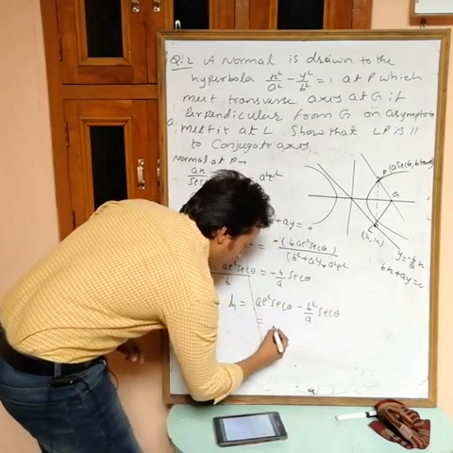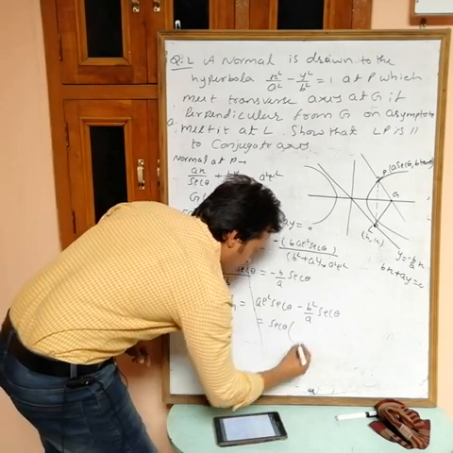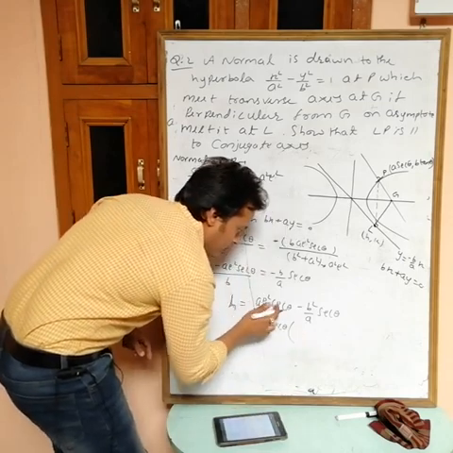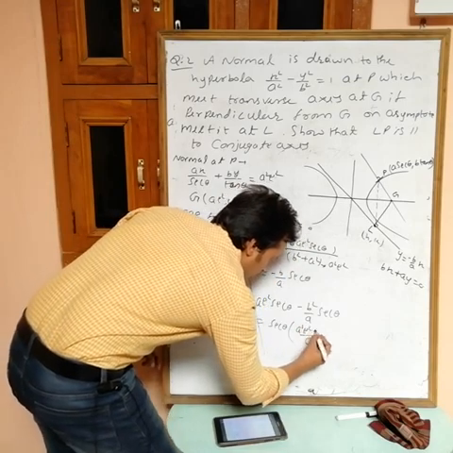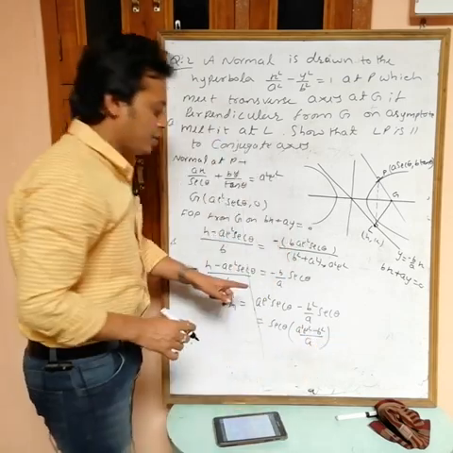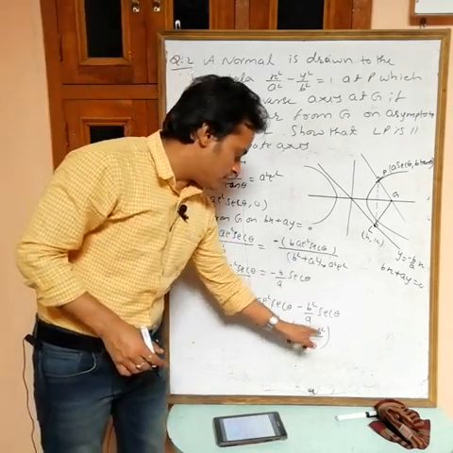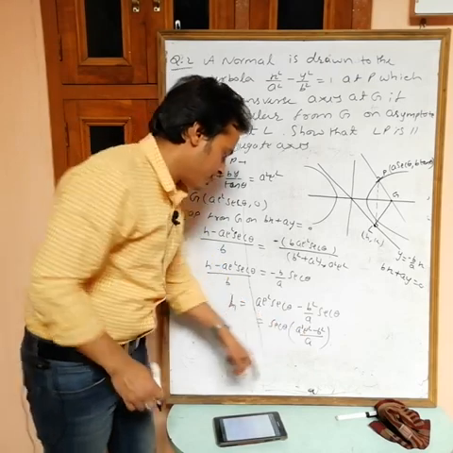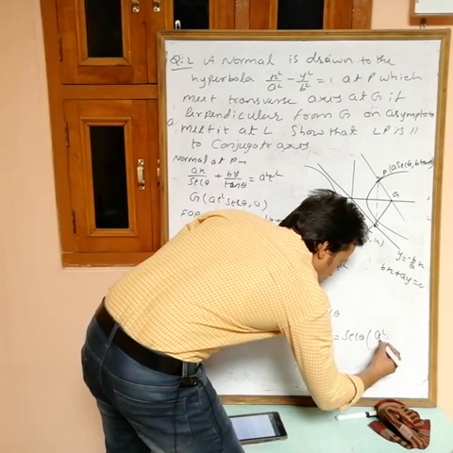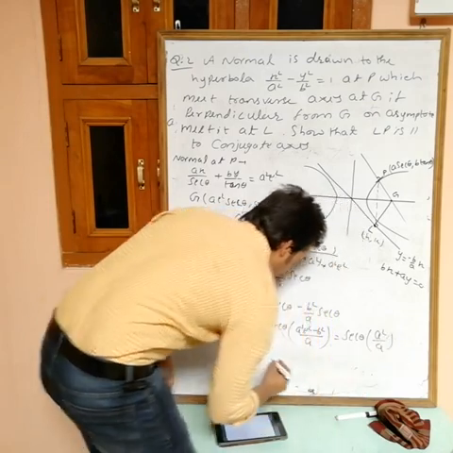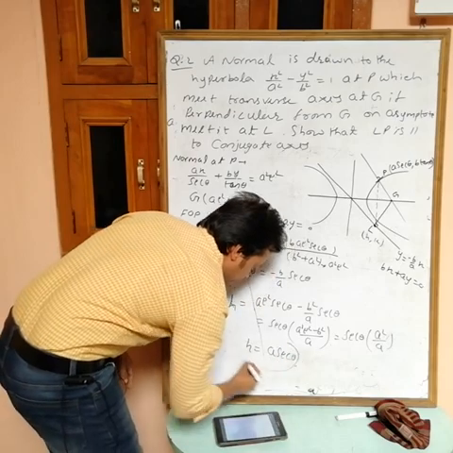I can take sec theta common. Then a e square minus b square by a, LCM a, gives a square e square minus b square. A square e square is a square plus b square, so a square plus b square minus b square leaves a square. So we get sec theta into a square by a, then h equals to a sec theta.